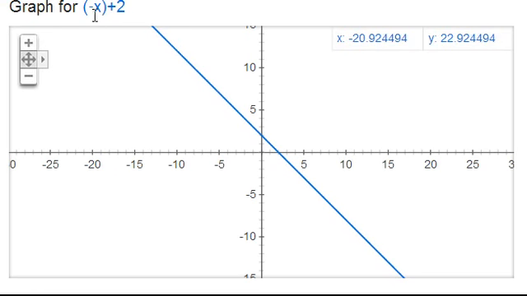Okay, let's look at this one. I have -x plus 2. As you can see, the line decreases as we read this from left to right.